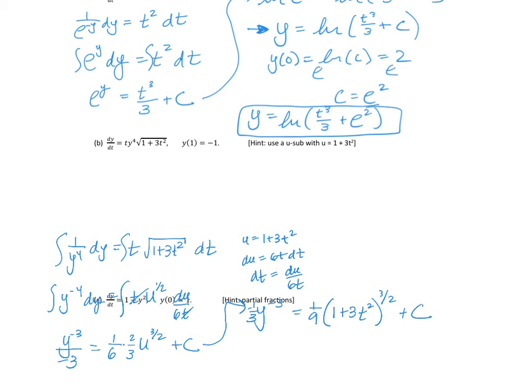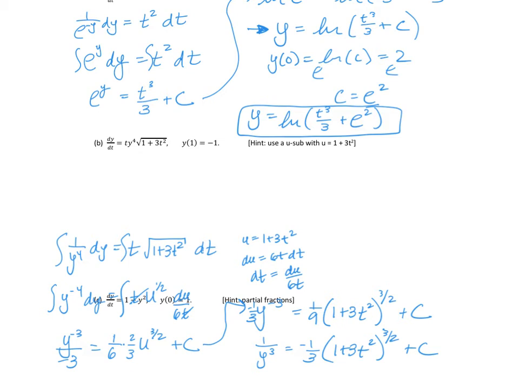Then I just have to solve for y. So first I'm going to multiply both sides by negative 3. So I get y to the negative 3. In fact, I'm going to rewrite that as 1 over y cubed equals negative 1/3 times 1 plus 3t squared to the 3/2 plus c.